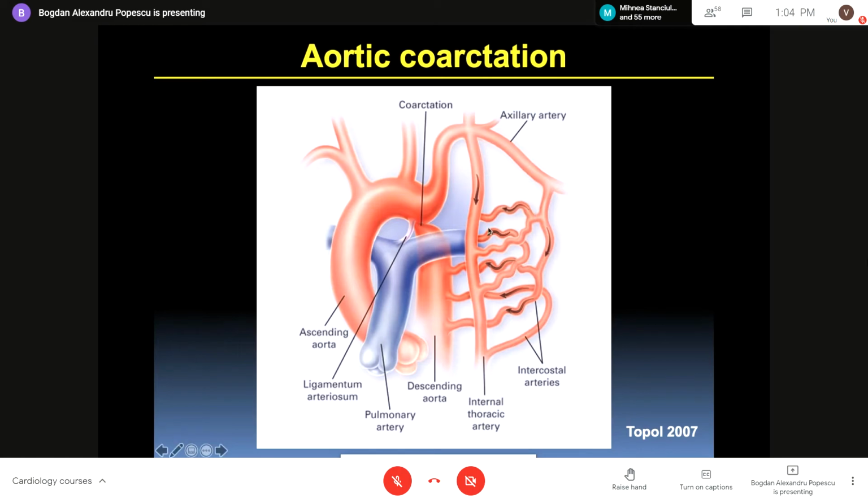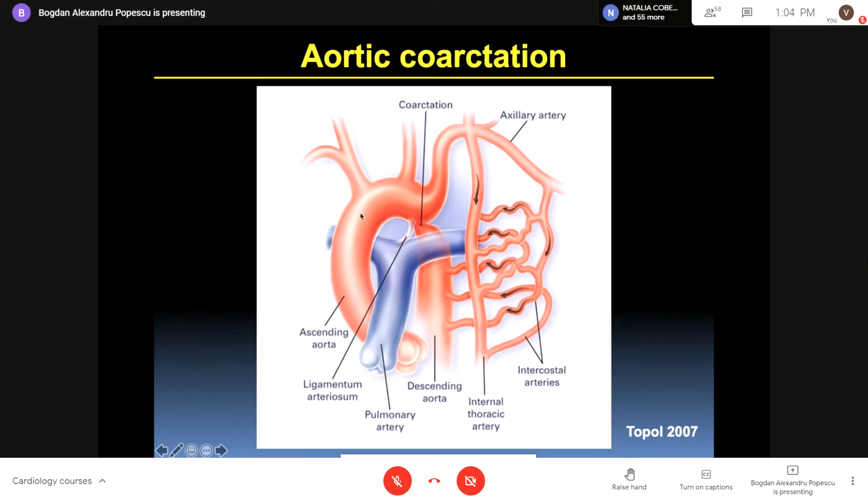So here is a diagram, and you see this is the ascending aorta, this is the arch. You have the arteries that bring blood to the brain. You have the left subclavian artery. And then here, at the isthmus level, in the initial part of the descending aorta, you have a narrowing.